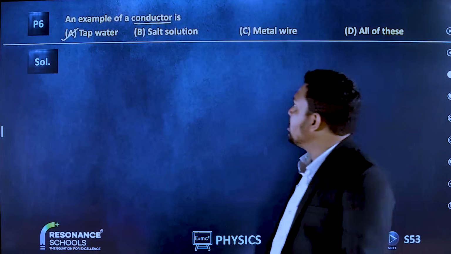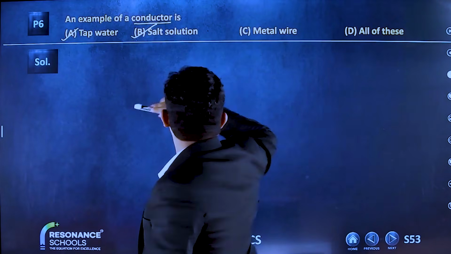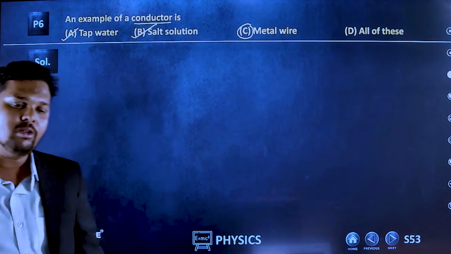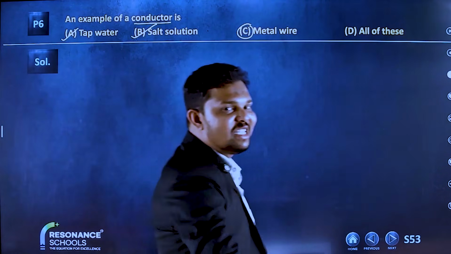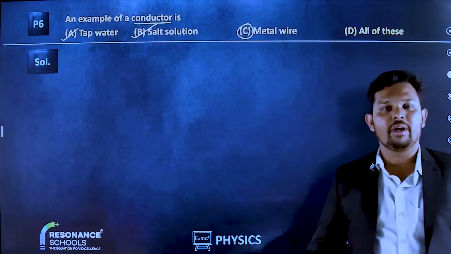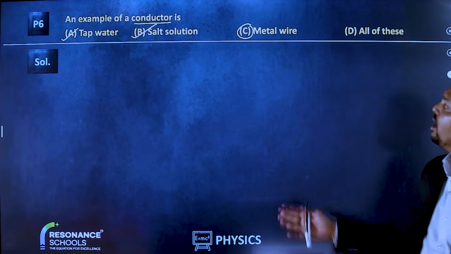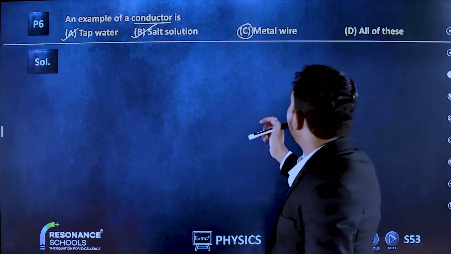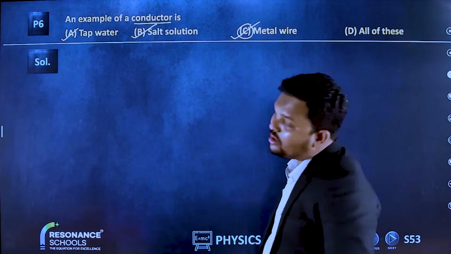This is also correct. Next, metal wire. Metal wire allows the current to pass through. Obviously, mostly our metals are considered conductors. So the current flows through the metal wire, and therefore metal wire is also a correct answer.